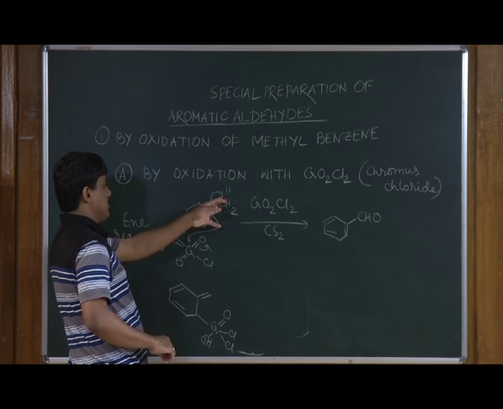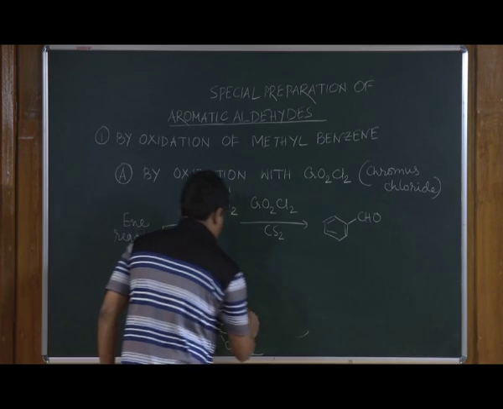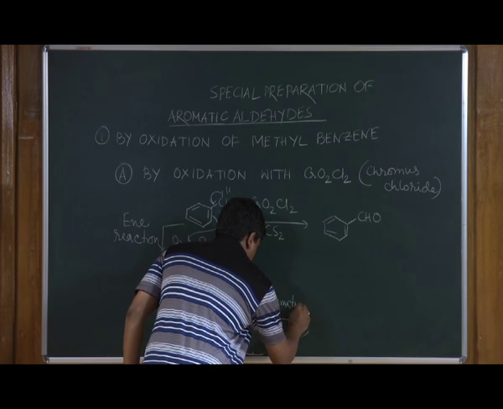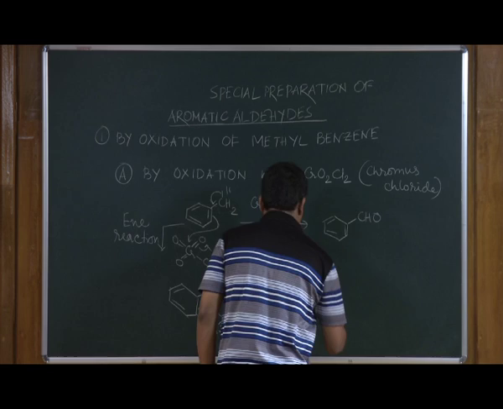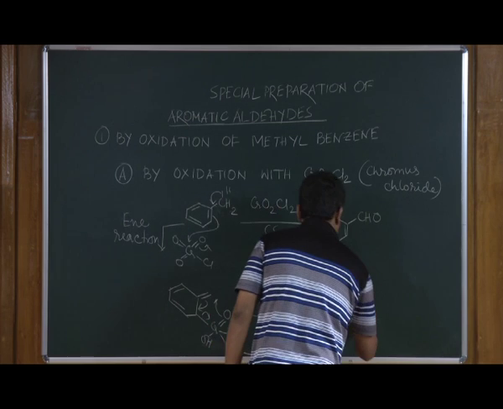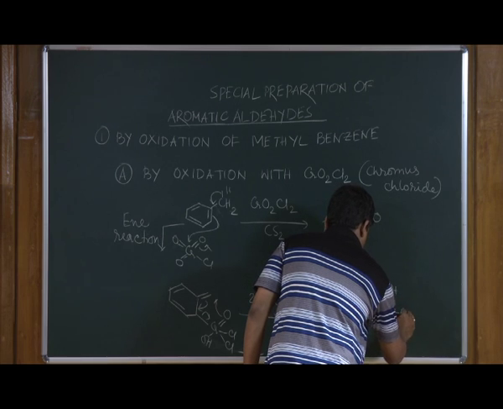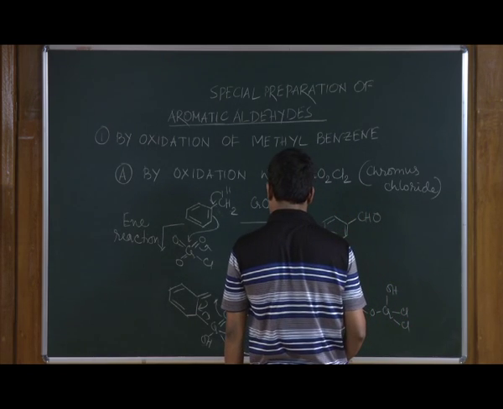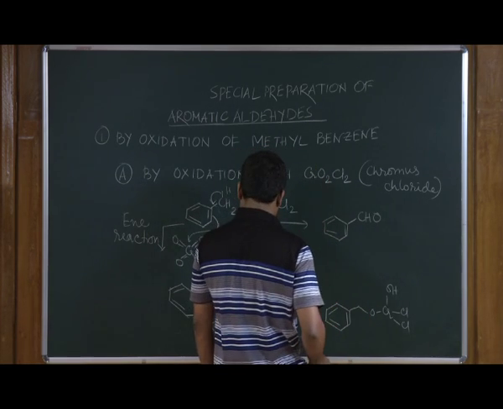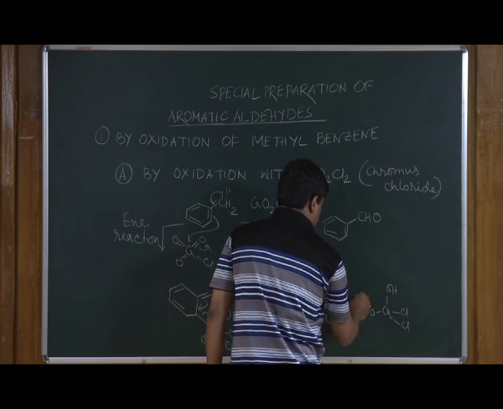In an ene reaction like this, the double bond forms here, and then a Cl minus can come.